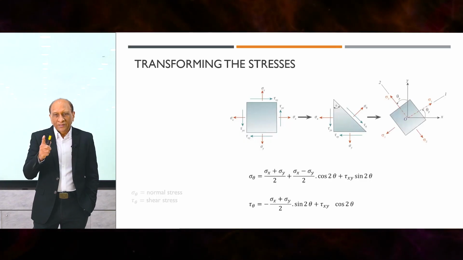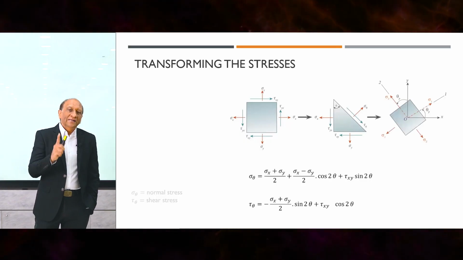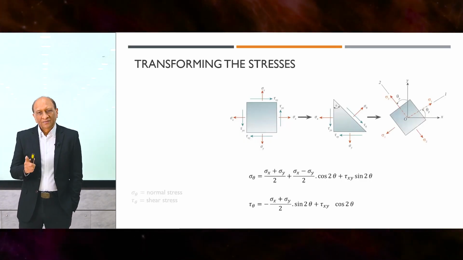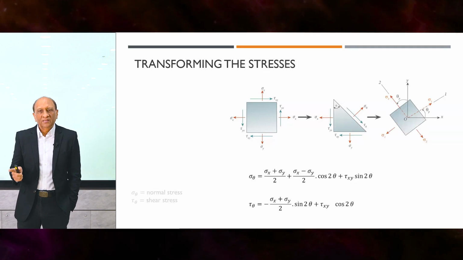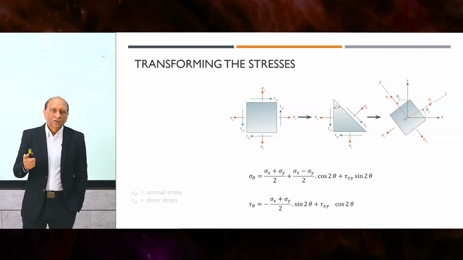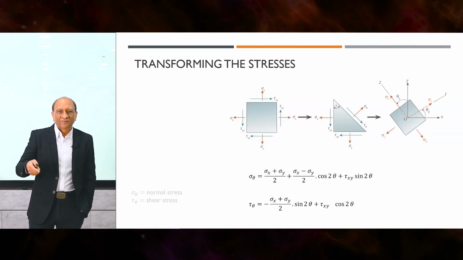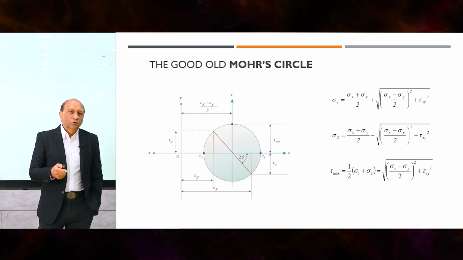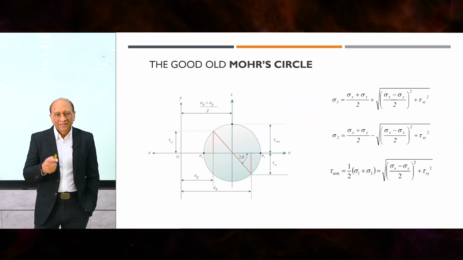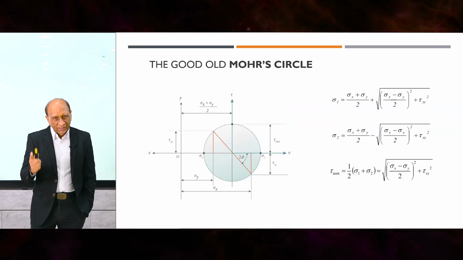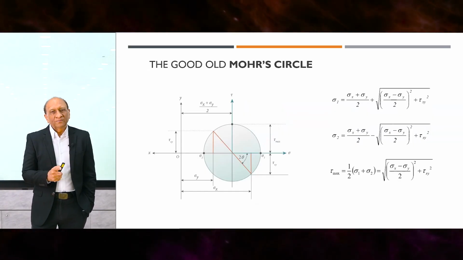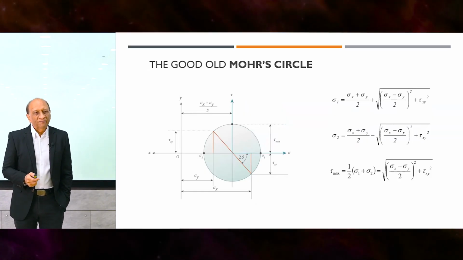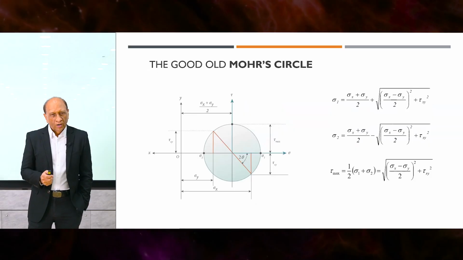And then from that, you can rotate it in such a way that you get a plane on which the shear stress is 0, and you are only left with tension and the maximum and minimum axial stresses, as you know, called principal stresses. So I'm just reviewing the undergraduate work for you. And the good old Mohr circle is used to do that. So basically, from the shear stresses and axial stresses, we can get principal stresses, max and min. One is tension, one is compression, and that's all there is left. Everything else is now gone.